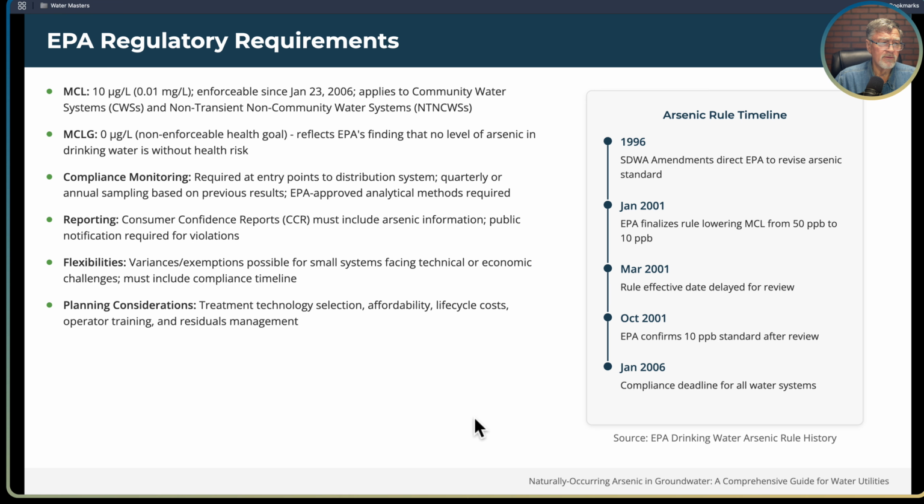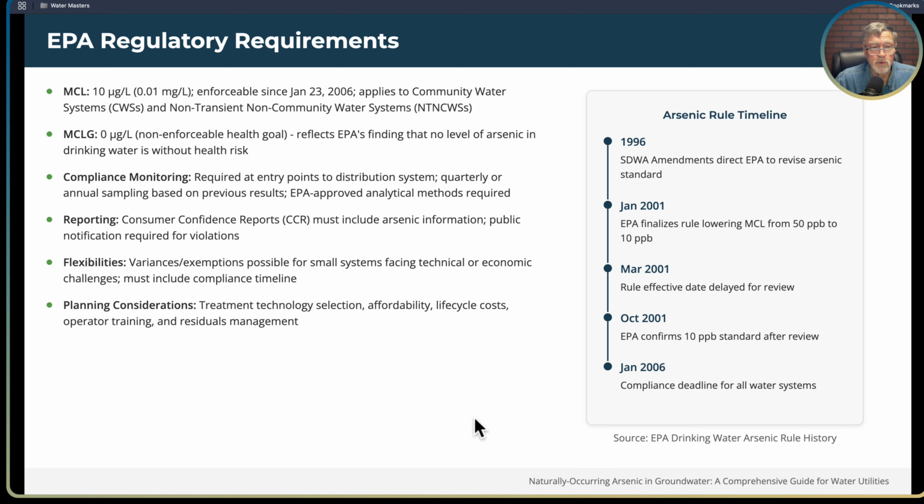And I believe there are some states out there that do have lower MCLs at a state level, but I'm not sure on that. But at the national level, the US EPA MCL is 10, and as I mentioned earlier, the public health goal is 0. But that's not enforceable. That's the goal.